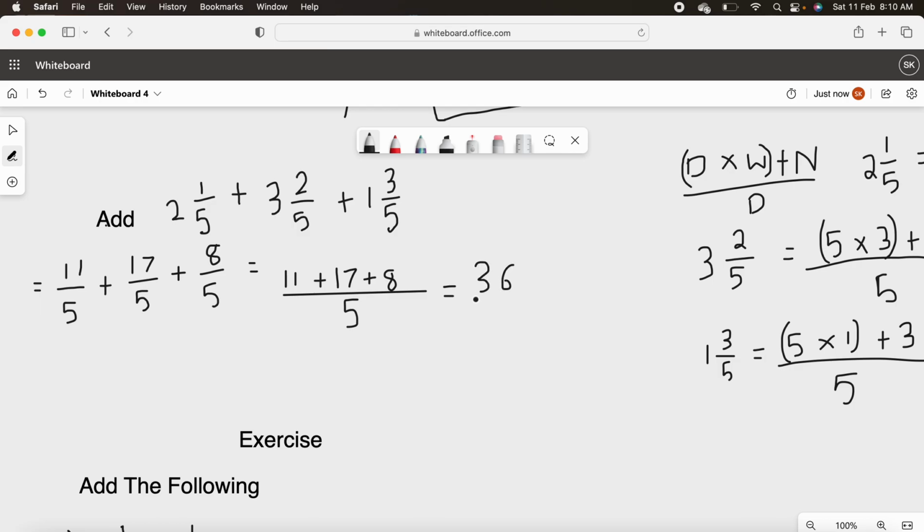Correct? Now, since this is a mixed fraction, the question was on a mixed fraction, we need to convert this as a mixed fraction, which is equal to 36 by 5.